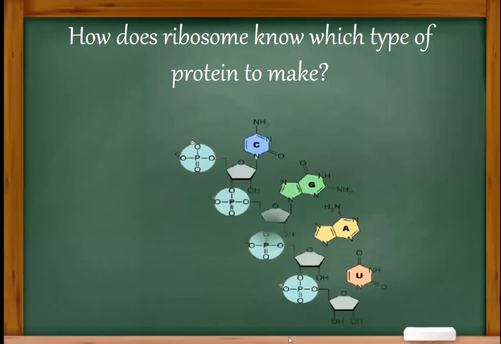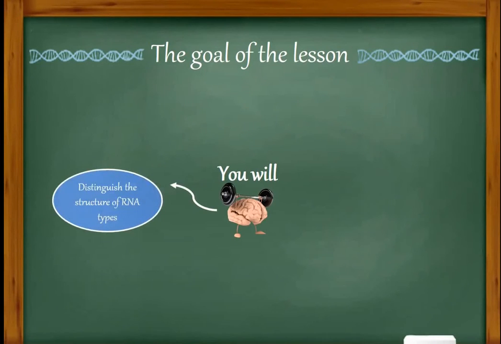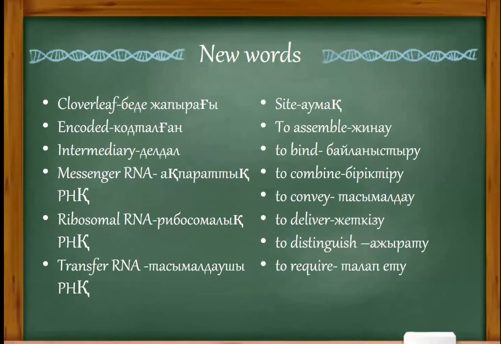We will get the answer to this question by studying the topic of today's RNA lesson. The goals of the lesson: distinguish the structure of RNA types, distinguish the function of RNA types.